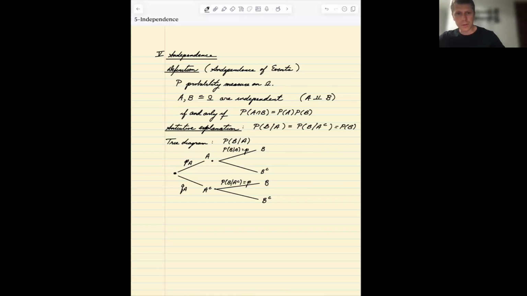Let's assume that's also P. So we're setting some notation down here: P sub A is the probability of A, and Q sub A is the probability of A complement, which is 1 minus the probability of A. And P, we've assumed by independence, is the probability of B given A complement, which equals the probability of B given A.